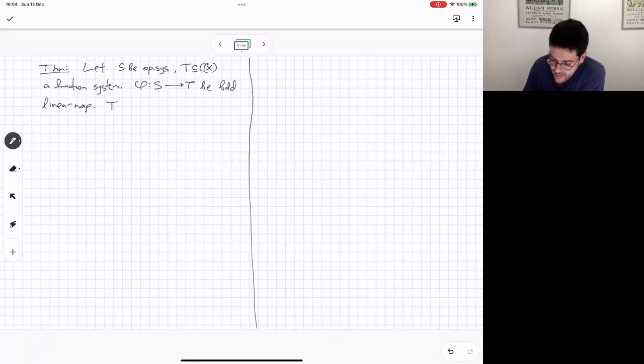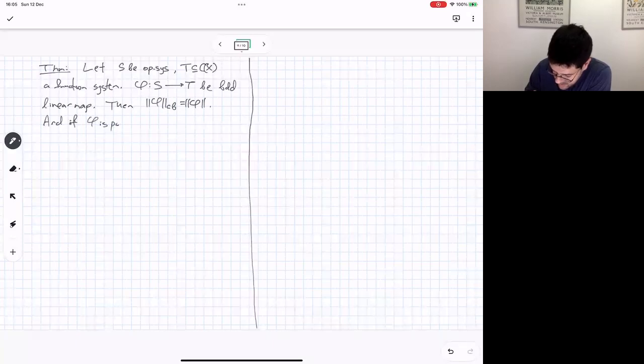Then, no assumptions on phi. Well, we always assume that they are bounded linear, but no assumptions on phi other than that. Then phi is completely bounded, just because the range is commutative. Phi is completely bounded, and its completely bounded norm is the norm of phi. And if phi is positive, then phi is completely positive.